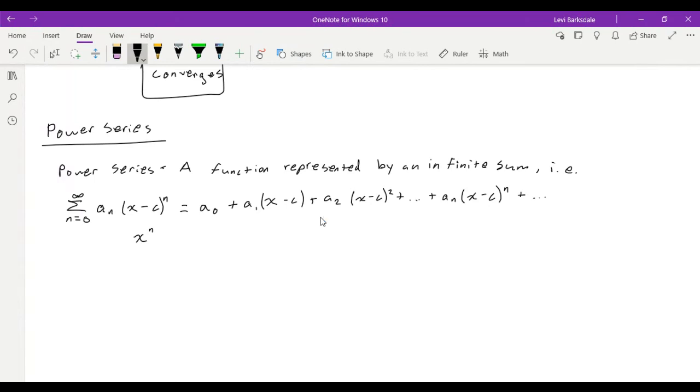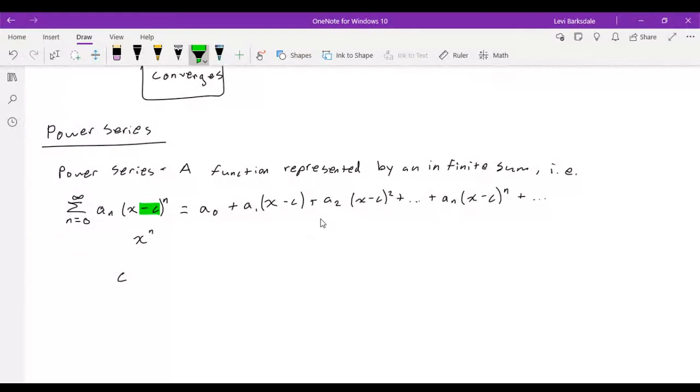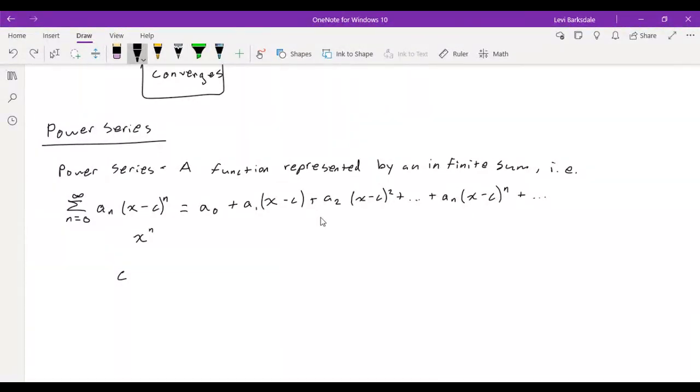And that actually gives us a lot of flexibility, and that's why it can be really useful. Some terminology: we say that c, this minus c bit right here, is called the center of our power series. Or we could say that it's centered at c.